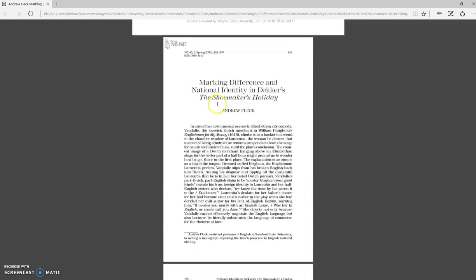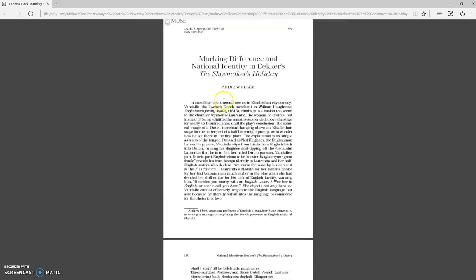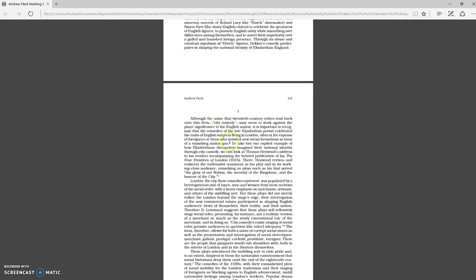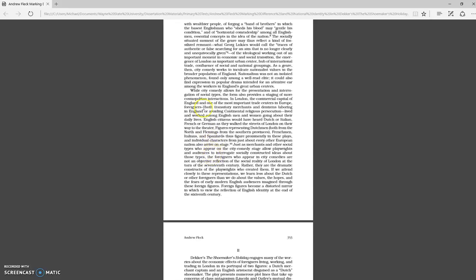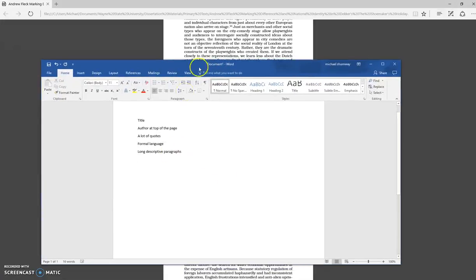I don't see any section headers, so I wouldn't put that, but some of you might have section headers. It might have introduction, research, whatever it is. What else do we see here? We've got more quotes. We've got long descriptive paragraphs. I typed that one off screen so you guys couldn't see me mess it up if I did.